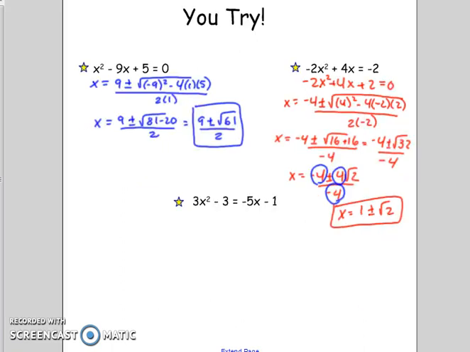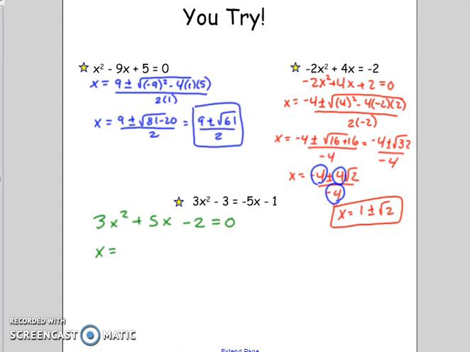Okay, and on the last one, I bring everything over to one side, so it's equal to 0. So I'm going to have 3x squared plus 5x minus 2 equals 0. So I added 5x and I added 1. So now I'll set it up.